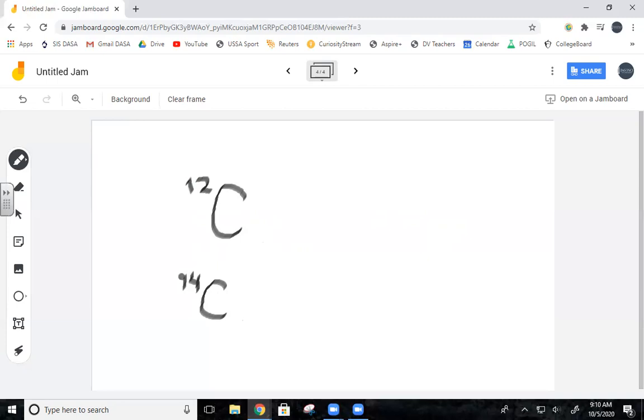So carbon 12, carbon 14. What's different again between these two? Ryan? What's the difference between carbon 12 and carbon 14? There's a difference of 2 between these two numbers.